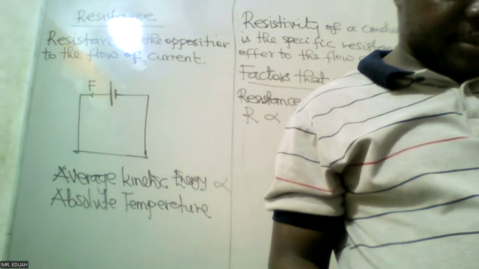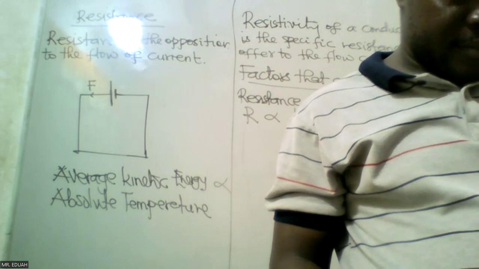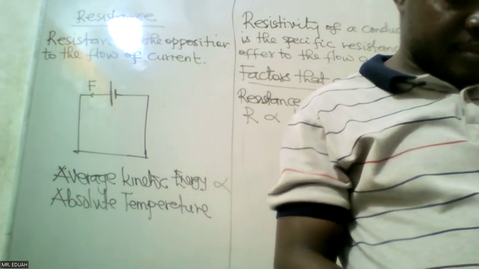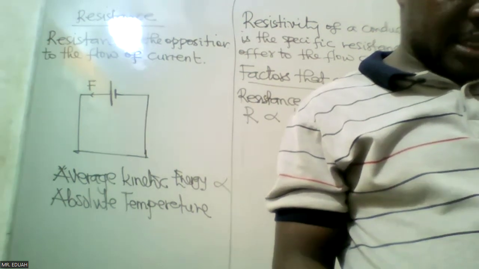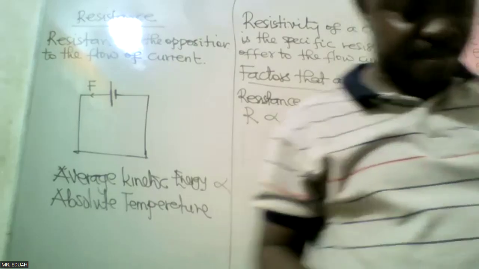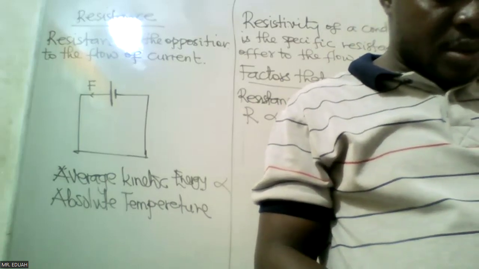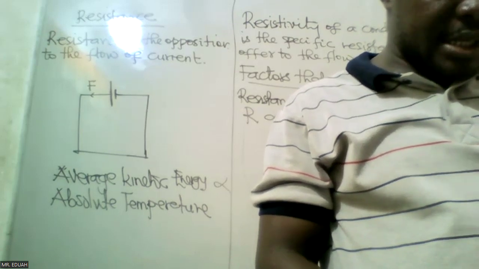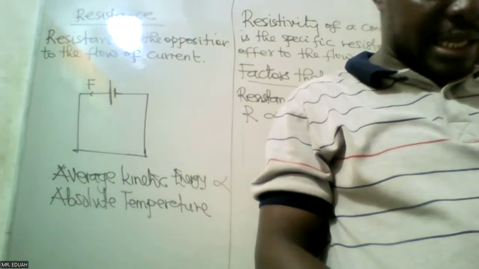I think it's because if we increase the length, then the points of the conductor have increased, meaning the current will have to flow over a greater distance. Yes, and when it flows over a greater distance, what is the problem?